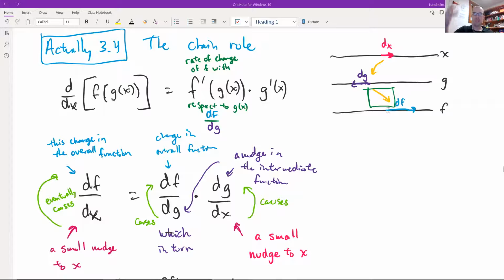And then the other one, which you've probably figured out by now, is just the rate of change of g with respect to x. Sorry, that was horrible.